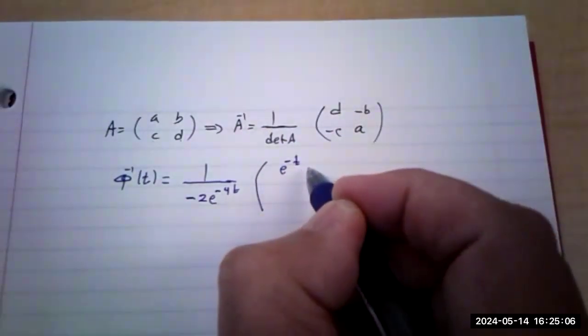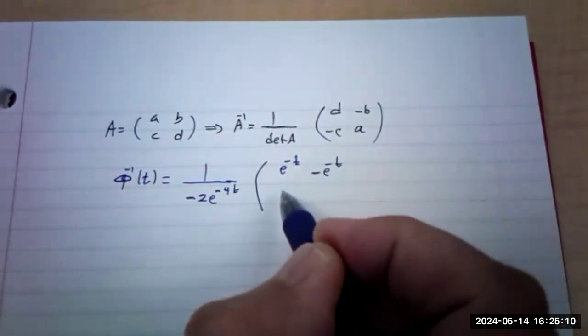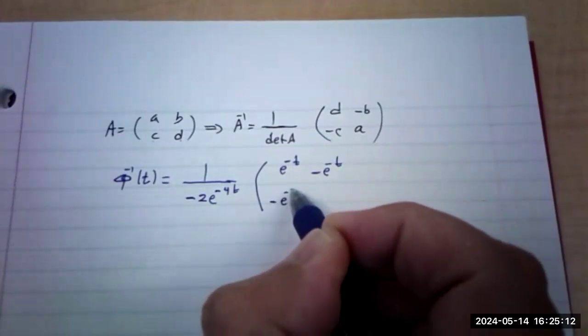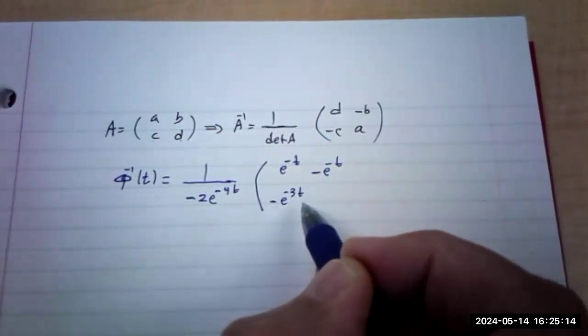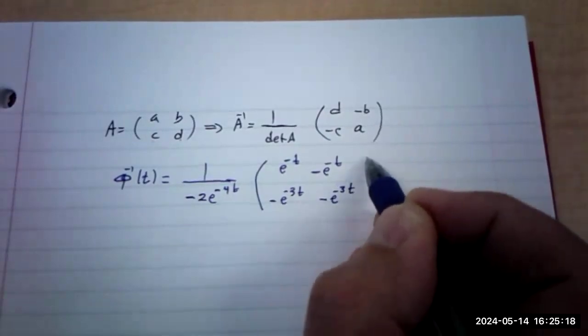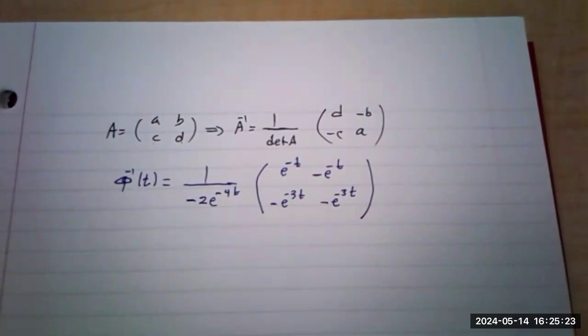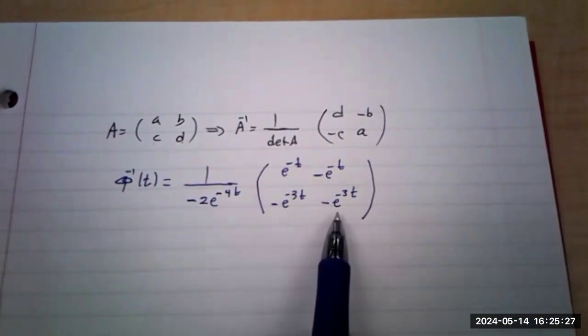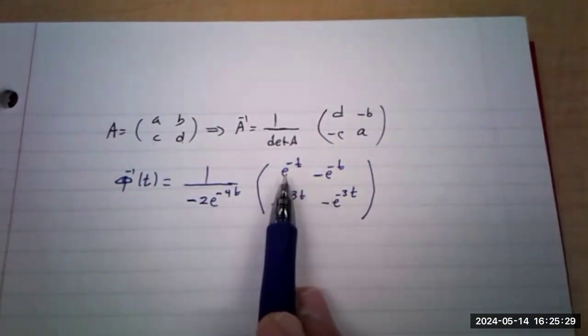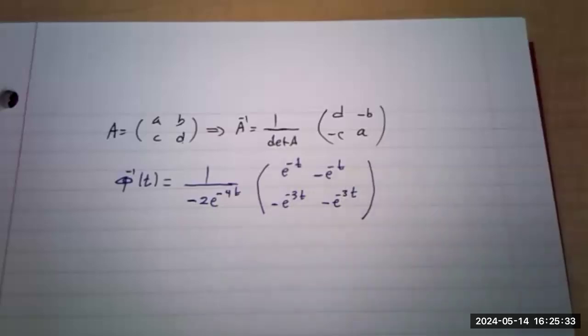I have it here, you double check with the one you have. Negative e to the negative t. This is going to be negative e to the negative 3t, and the other one should be negative e to the negative 3t. Okay, that's why. Because the term on the diagonal started with the negative e to the negative 3t. The other one we switch to e to the negative t, and then for the other two, we just switch the signs.